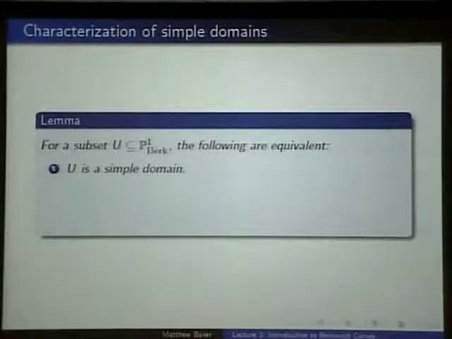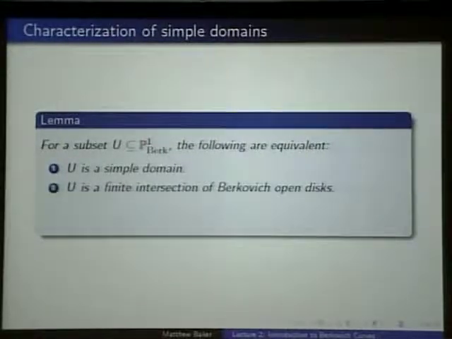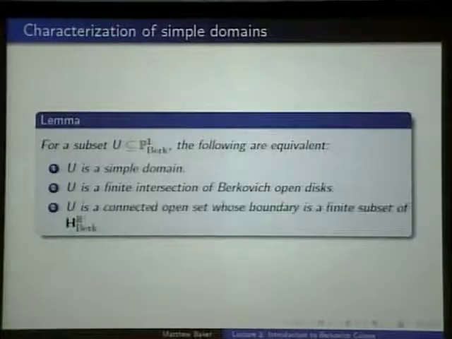And so for a subset U of P1 Berk, the following are equivalent. 1, U is a simple domain. 2, U is a finite intersection of Berkovich open disks. And 3, U is a connected open set whose boundary is a finite subset of H Berk R, the set of type 2 and type 3 points.